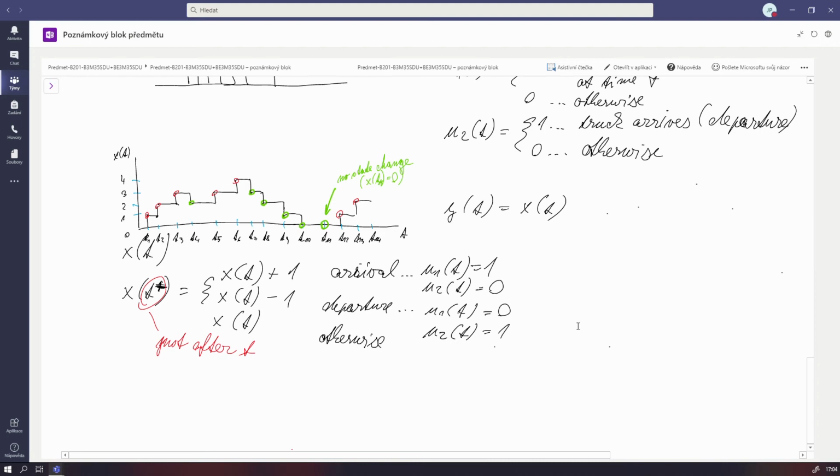We can also notice that during the time which is depicted on the sample path, there are only a few points when the events happen.